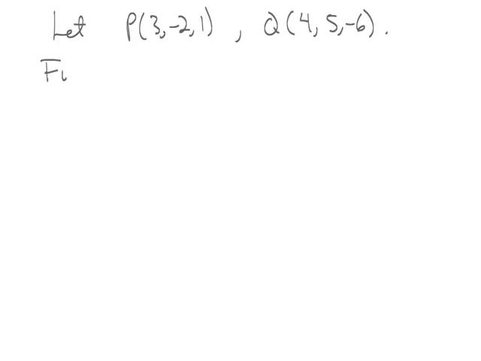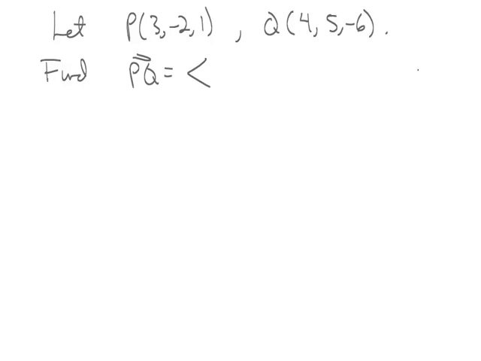It gets harder to draw vectors when you get to R3, but let's just take a look at an example. Let P be the point 3, -2, 1, and Q be the ordered triple 4, 5, -6. Again, a little bit messy to draw, but I can find the vector PQ.